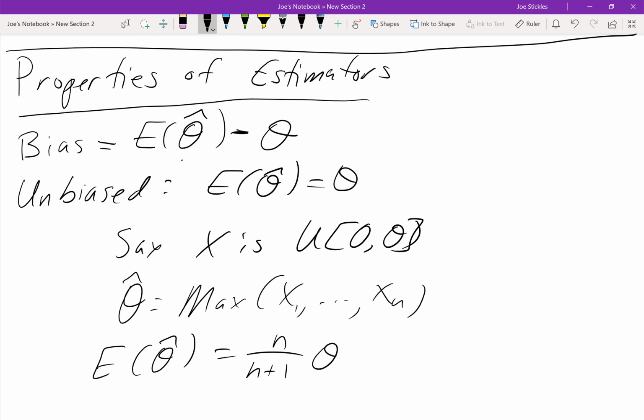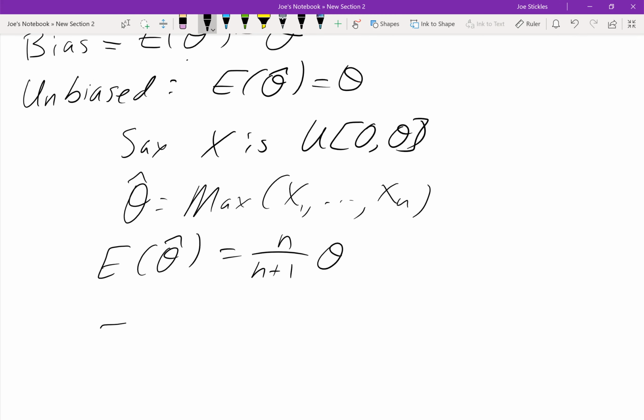So that is not unbiased. It's a biased estimator, right? But if you take the expected value of n plus 1 over n times theta hat, you get theta. That's what I mean by finding the constant that makes it an unbiased estimator.